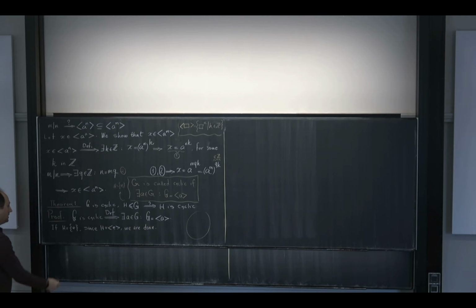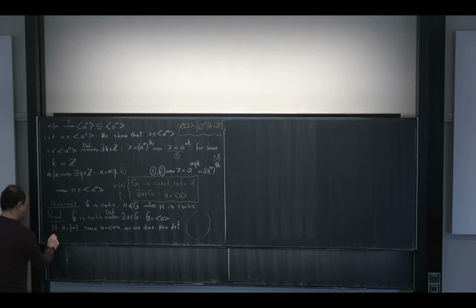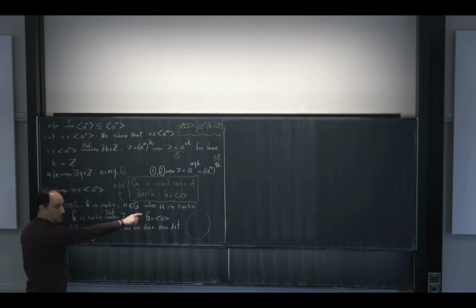So let us say that, for example, there exists an h such that h belongs to H, and this symbol means and, h is not e. Because if it includes only e, we are done. So the interesting case is that there is some element within H which is not e. Then I want to show, yes, still it is cyclic.